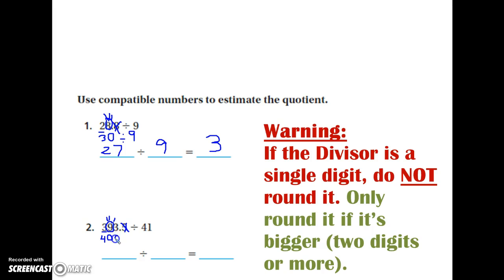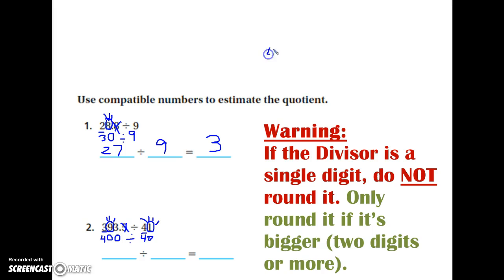And then I replace the 9 and the 3 with zeros, and I'm ignoring this 0.5 that I crossed out. Now, the divisor is a 2-digit number, so I need to round it. So I'm going to underline the 4, circle the next number, look at it. This is 4 or less, so the 4 stays at rest. It becomes 40. So now I have 400 divided by 40.